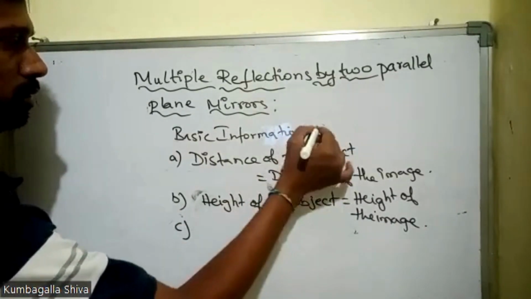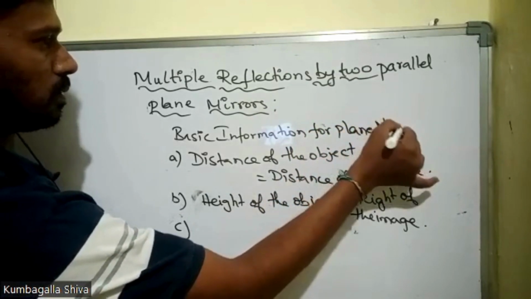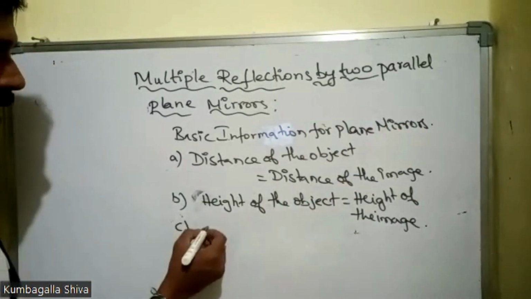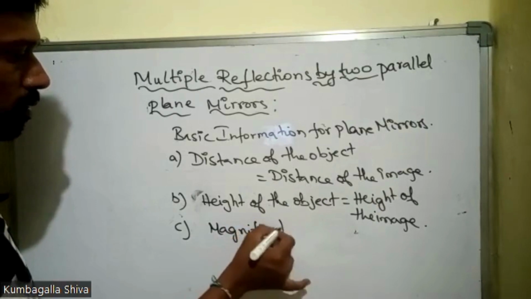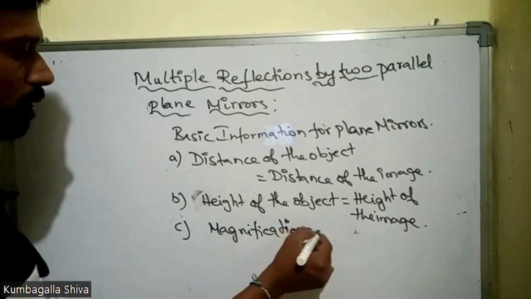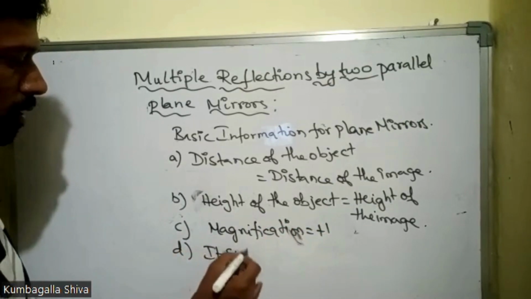This is height of the object is equal to height of the image, and magnification will be equal to +1. And D, it suffers lateral inversion.